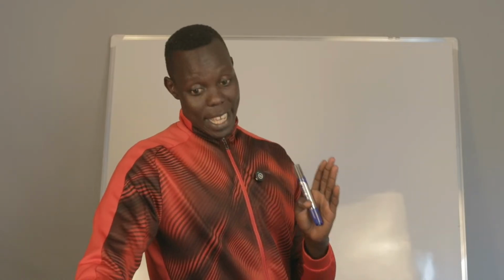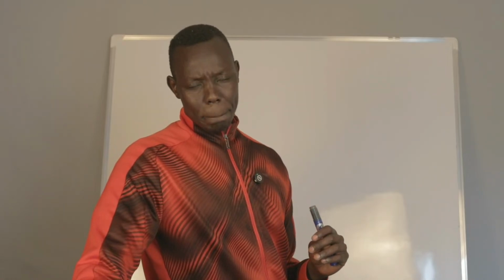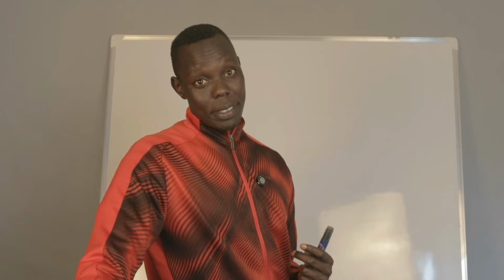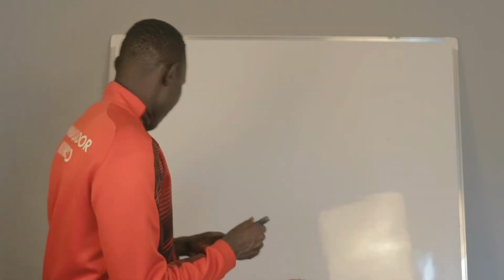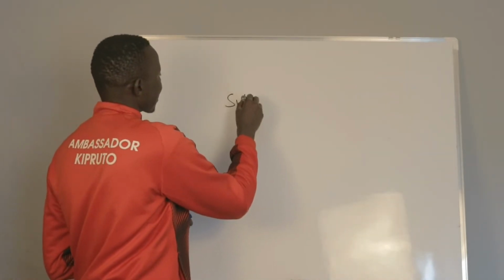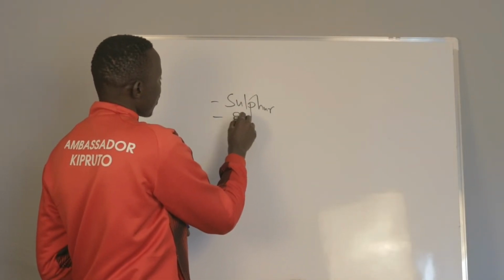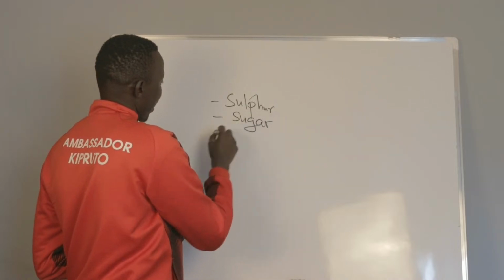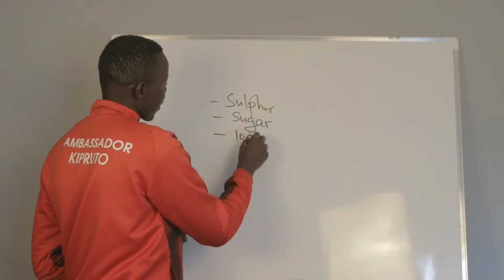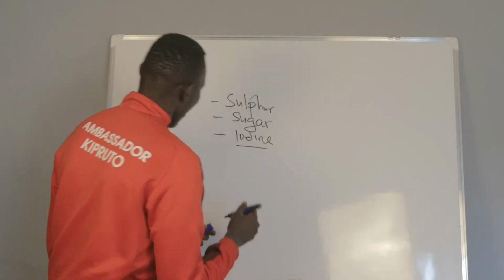Examples of molecular substances include sulfur, sugar, iodine, and many others which you can name.